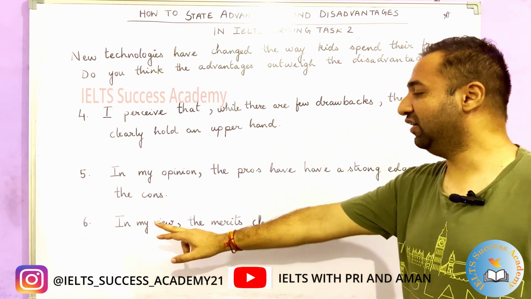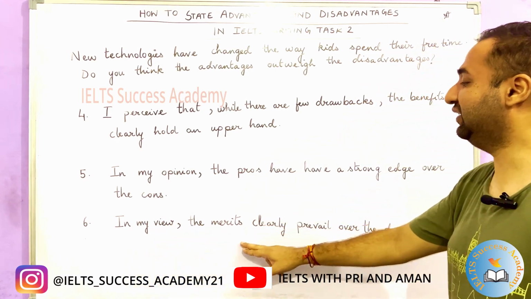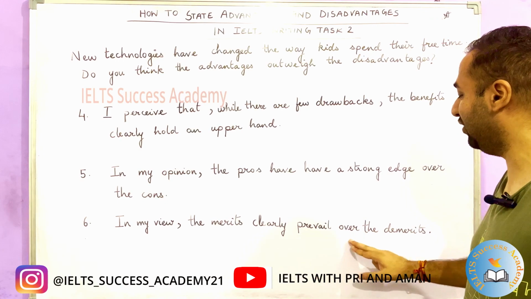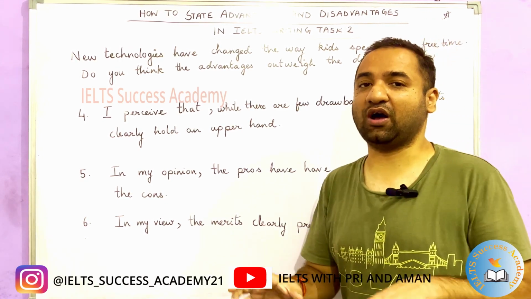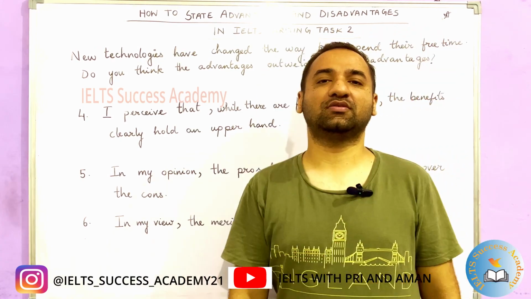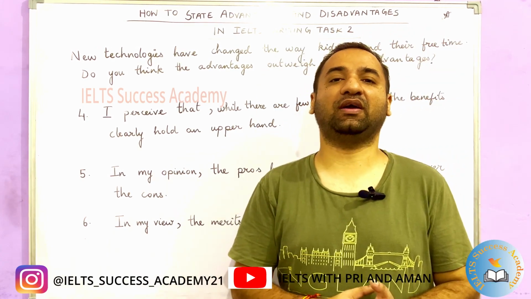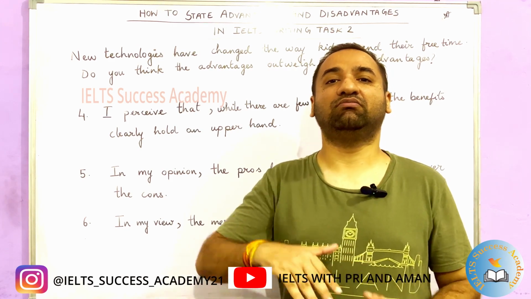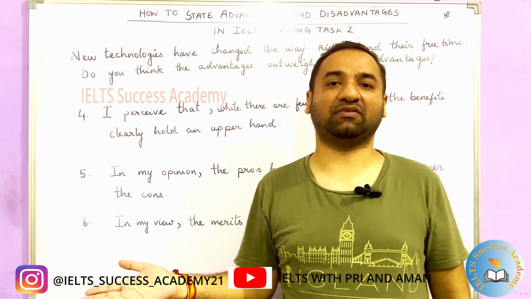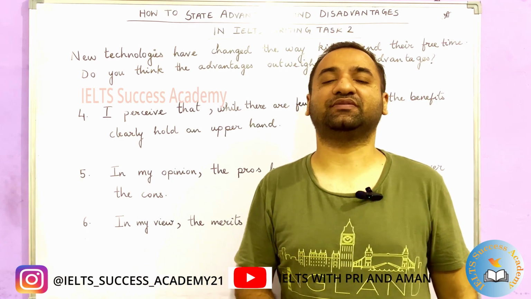And lastly, you can say, in my view, the demerits clearly prevail over the merits. So this is how you swing about. So these are some of the ways whereby you can write how advantages overpower disadvantages and vice versa.